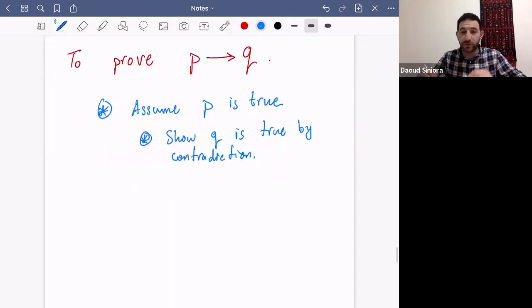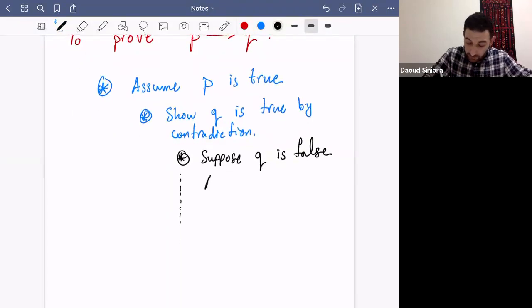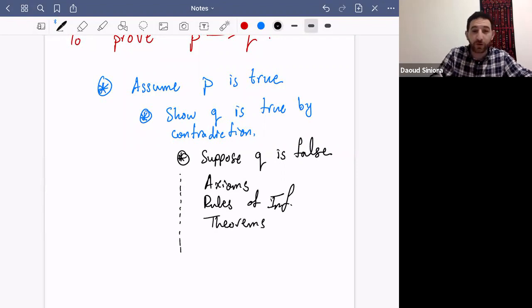So how will we show Q is true by contradiction? This means suppose Q is false. And then use whatever you are allowed to use: axioms, rules of inference, previous theorems, and also our original hypothesis that P is true.